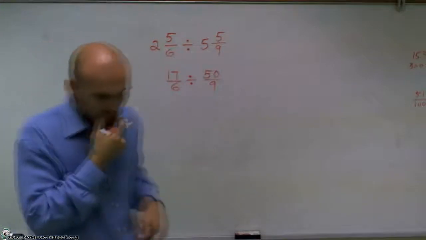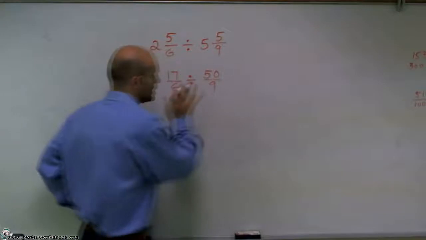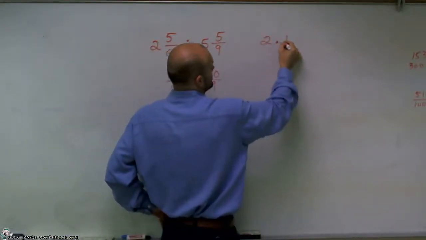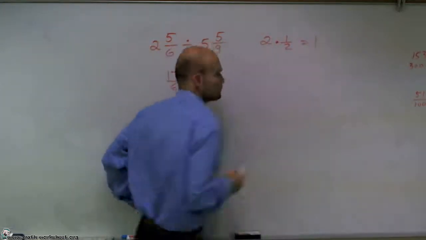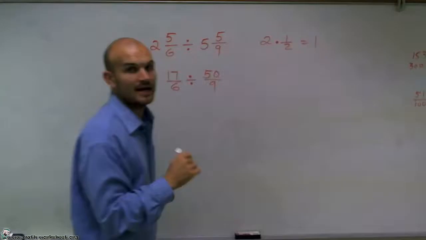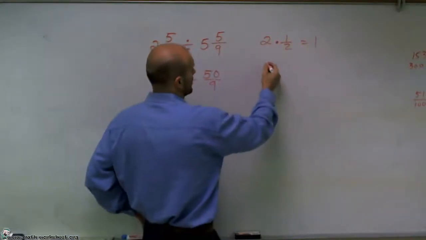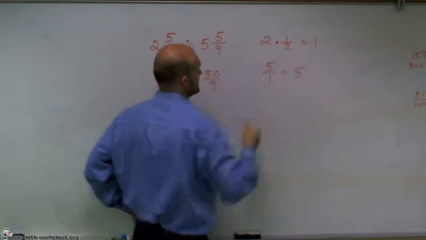Now, I'm going to remind you of a couple things before I show you how to do this. First thing I want to remind you is any number multiplied by its reciprocal equals 1. All right? The next thing I want to remind you is any number divided by 1 equals your numerator.